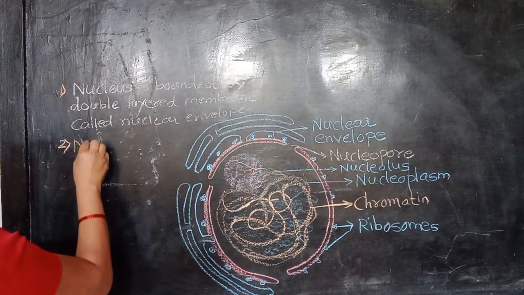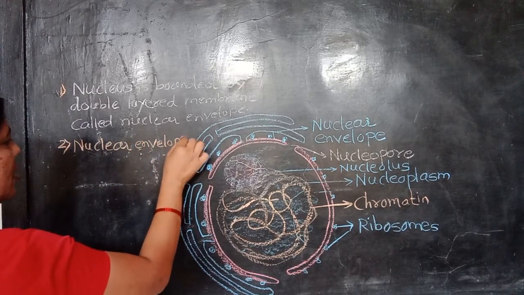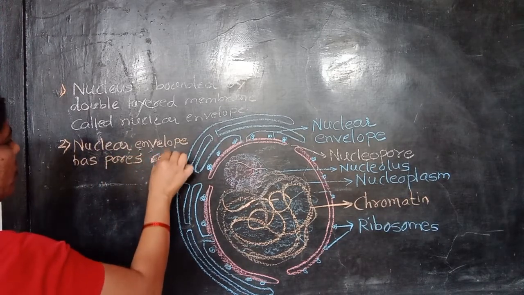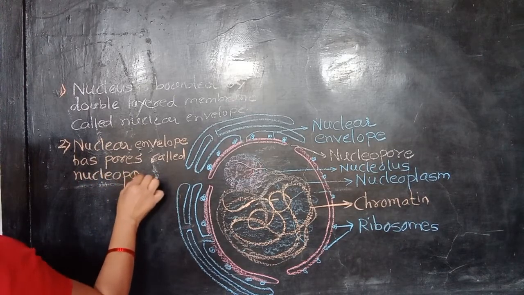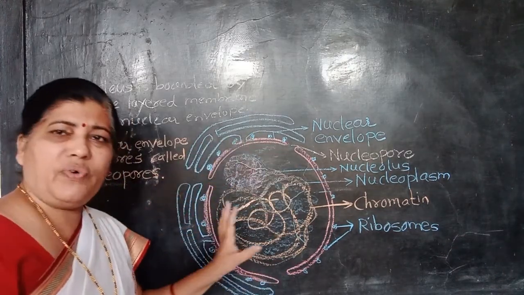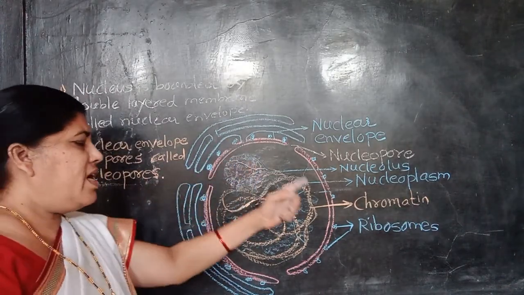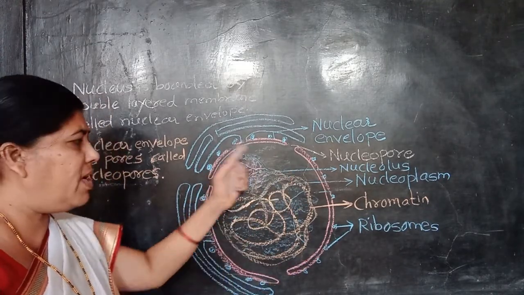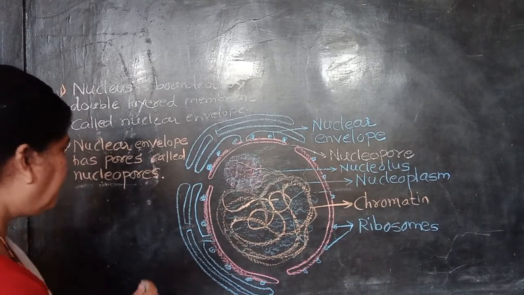Nuclear envelope has pores called nucleopores. So the nuclear envelope is the boundary of the nucleus. This is a eukaryotic nucleus. In the prokaryotic nucleus, nuclear envelope is absent, and in the eukaryotic nucleus, nuclear envelope is present. So this nuclear envelope is the boundary of the nucleus, and it is present only in the eukaryotic nucleus.